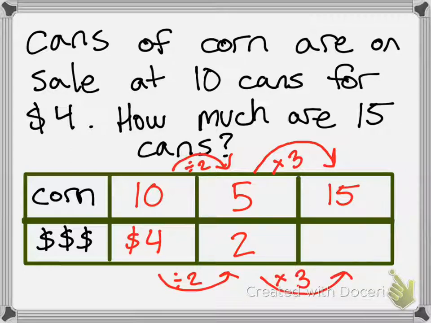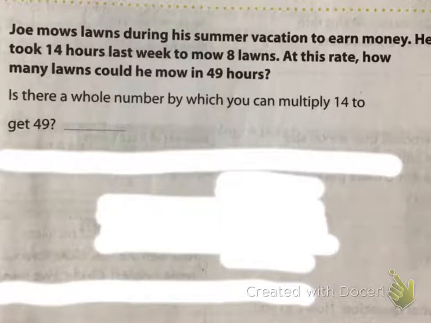Show me your fingers. What's 2 times 3? Yes, it's 6. So, how much do 15 cans of corn cost altogether? $6. Yes.